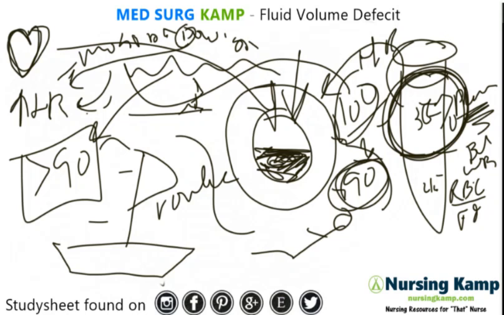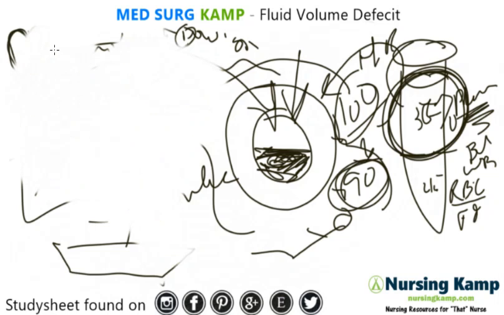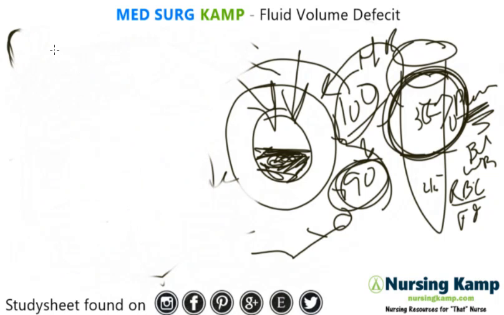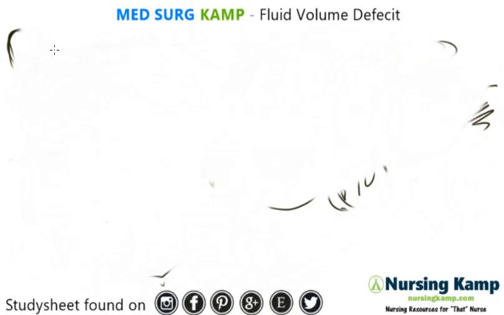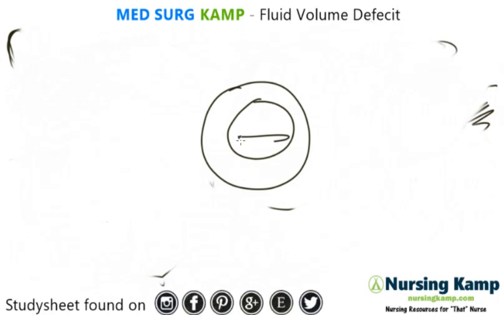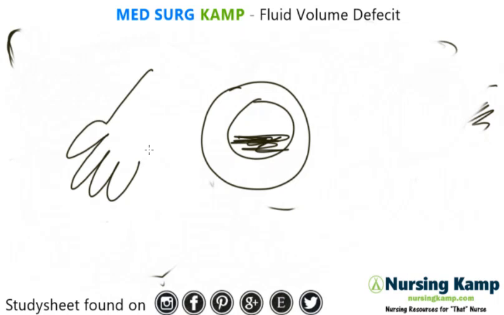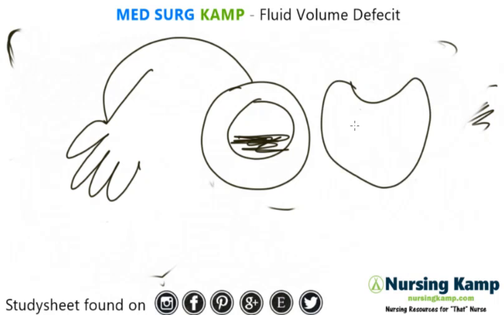Okay, let's get into the physical findings. When we're looking at the heart, we're looking at the cardiovascular system and the body. When we look at the body, we'll start with the pulses first. Because there's a fluid volume deficit, when we check a radial pulse and put our finger on it, we are going to have a thready pulse.